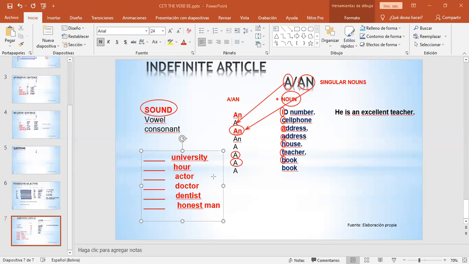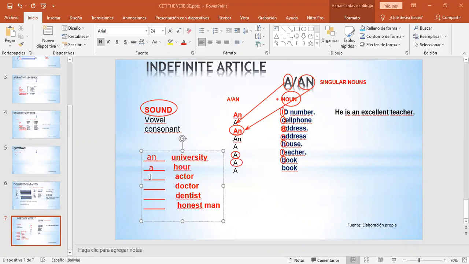Good. Now tell me, with that explanation, what do we have here? We have this word. What do we need? Vowel sound, consonant sound, a or an? Which one? An university. Okay. A home.